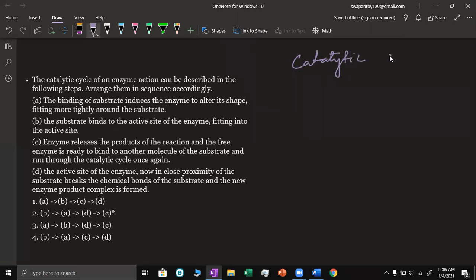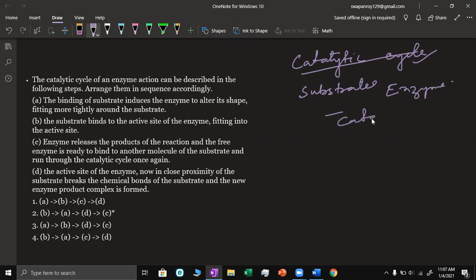Catalytic cycle. This catalytic cycle indicates how the substrate binds to the enzyme and it catalyzes the production of product, is it?